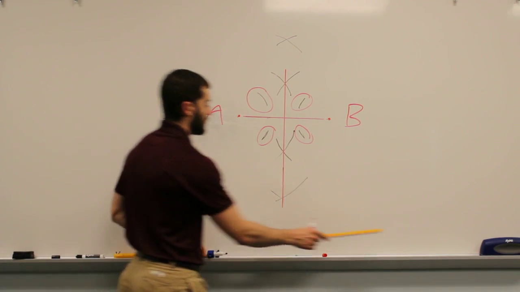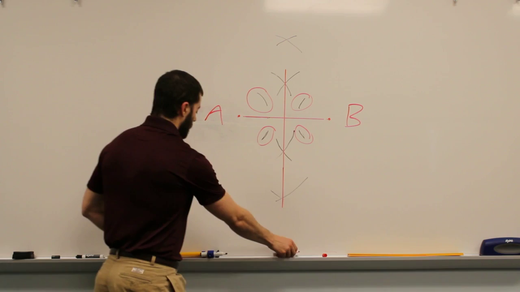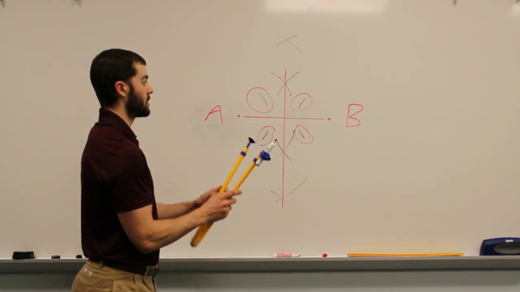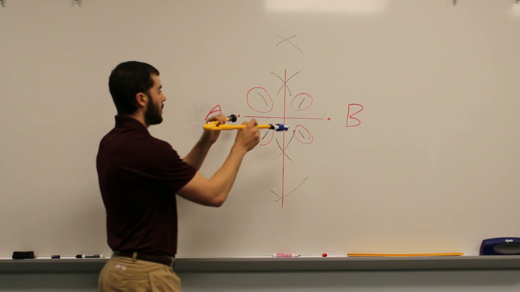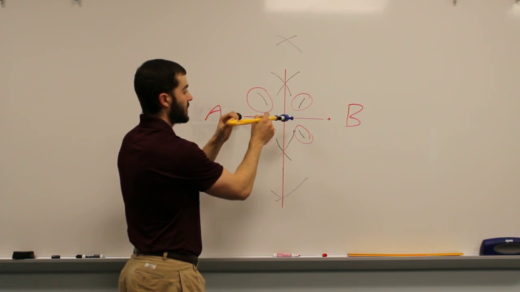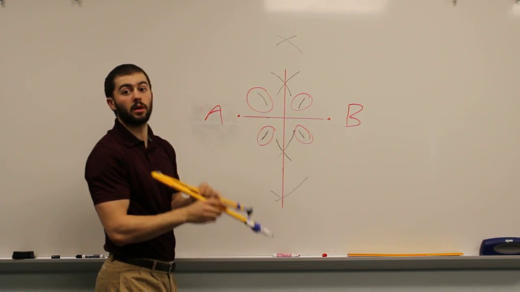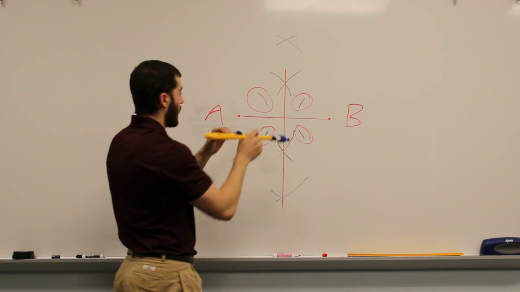So to review this process, the first thing we need to do is have a line segment, and we need to open up our compass more than halfway of the distance from point A to point B, or whatever two points of the line segment you have.